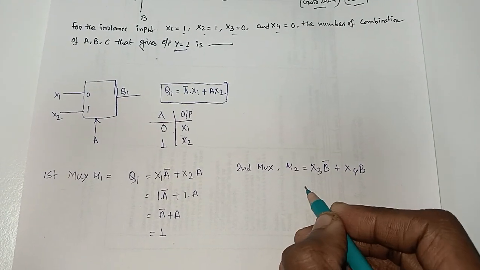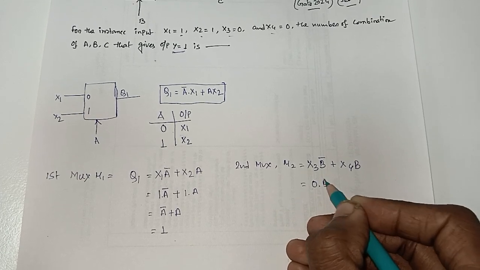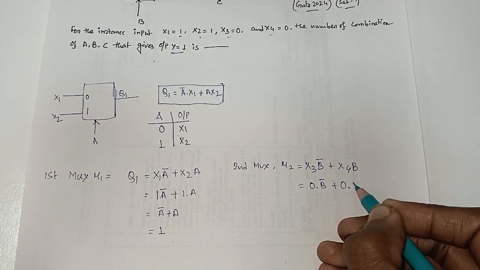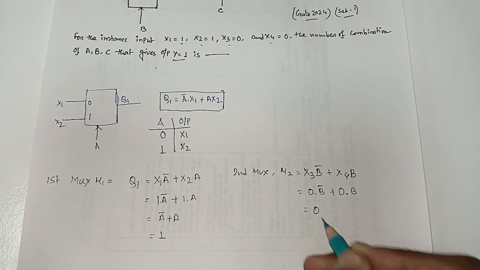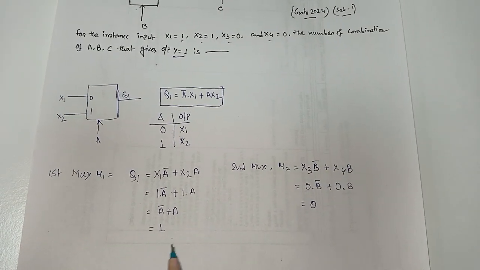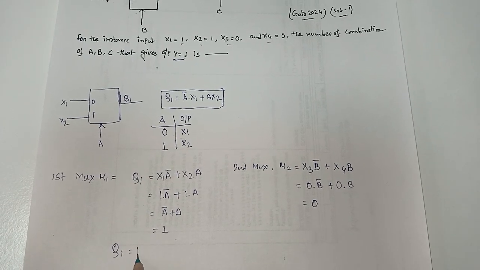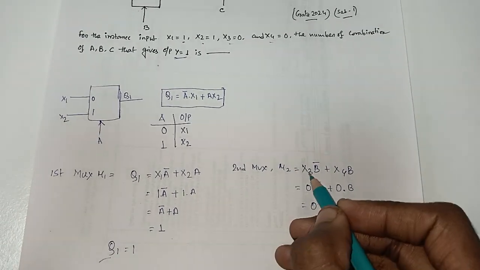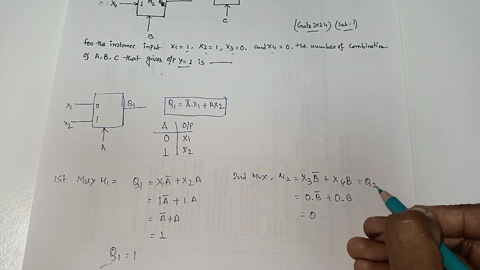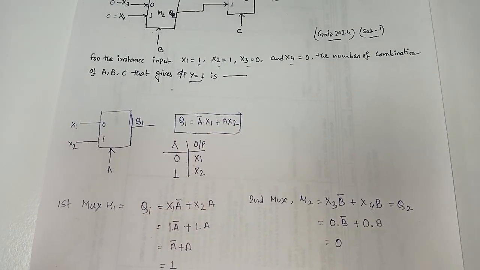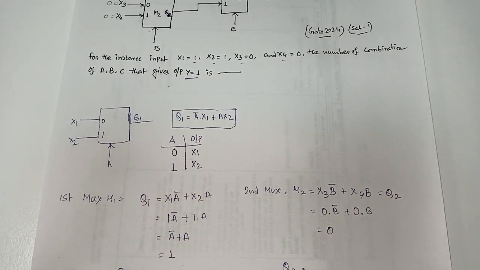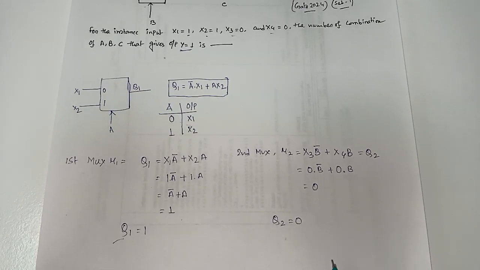And x3 is 0, so 0 into b bar plus x4 is also 0, so 0 into b. So we get 0. So the equation of q1 is equal to 1 and q2 is equal to 0.